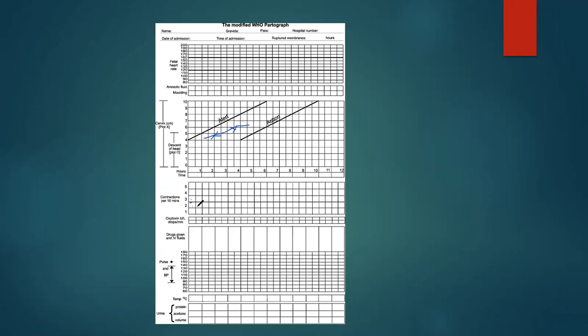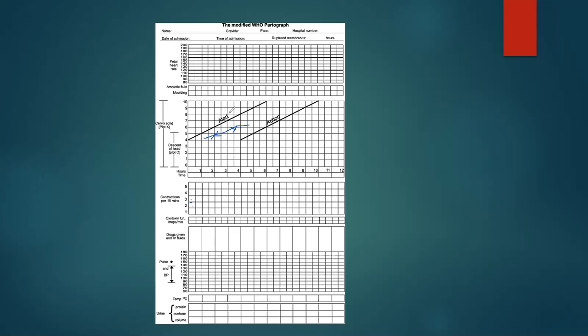Do you understand, doctors? In most cases, they may want to augment the labor. Somebody is saying something, doctor, the criteria for diagnosis of prolonged labor. Yes, contractions will be inadequate, secondary arrest of labor, and what again? Cervical dilatation to the right of the alert line.